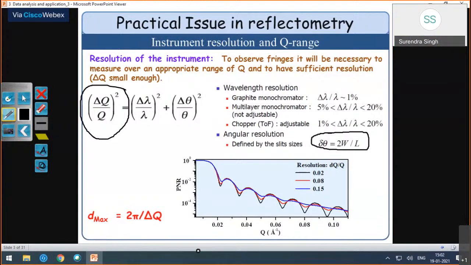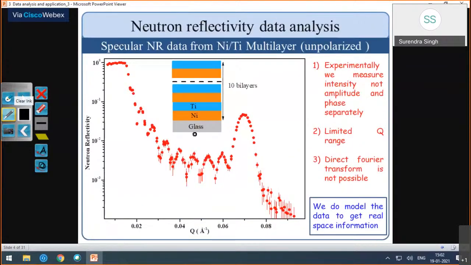Example: a glass substrate, then nickel. So this is a multilayer sample, and we do polarized neutron reflectivity. Here I will just consider unpolarized for this analysis, but we can do polarized also. For unpolarized neutrons we have just one reflectivity.